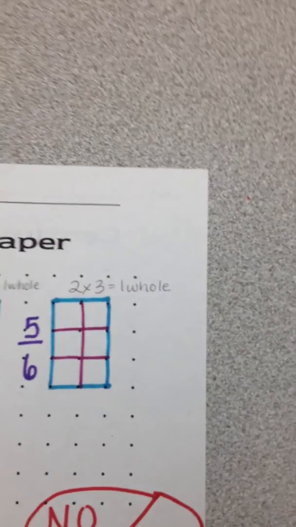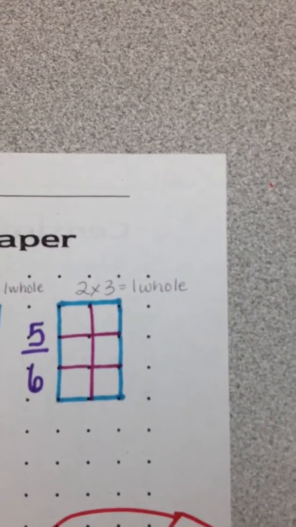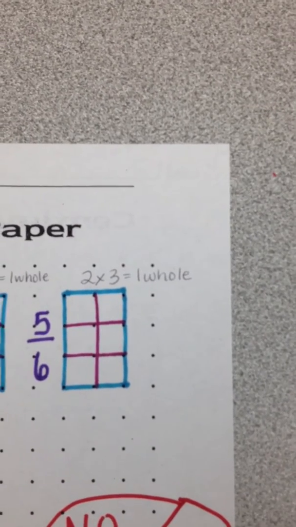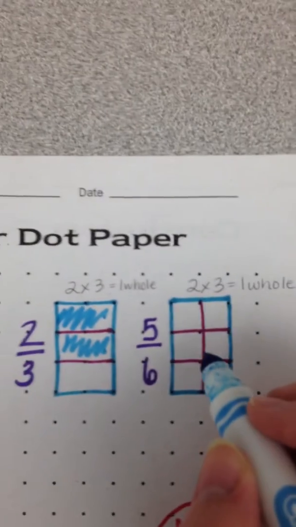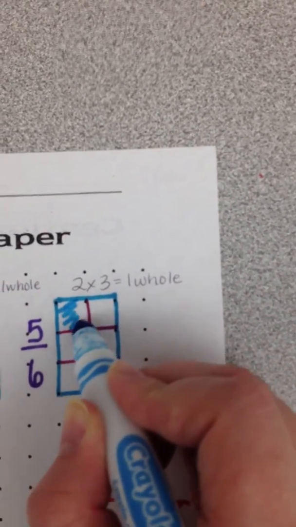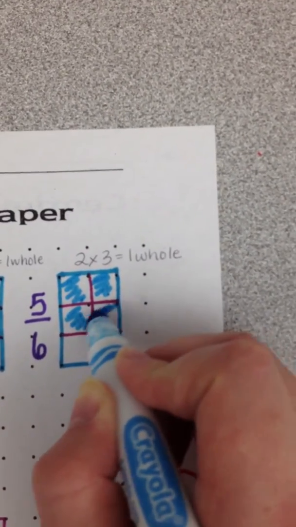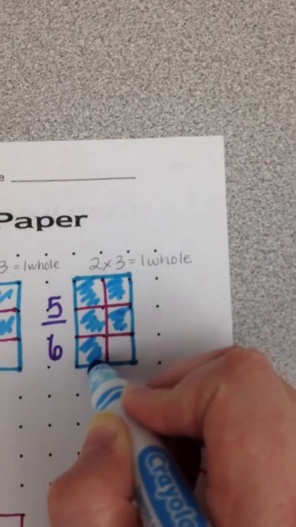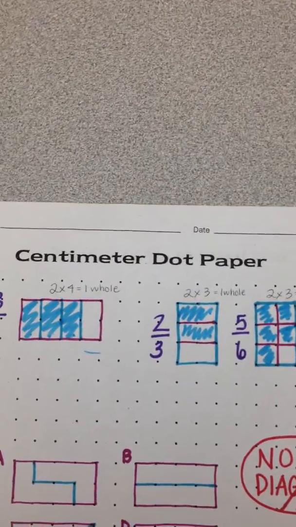On this rectangle, I want to show 5/6. It's the same size rectangle for my whole, a 2 by 3 rectangle, but I've divided it into sixths instead of thirds. So I'm going to shade how many? I'm going to shade 5. That's how we use dot paper to represent a fraction.